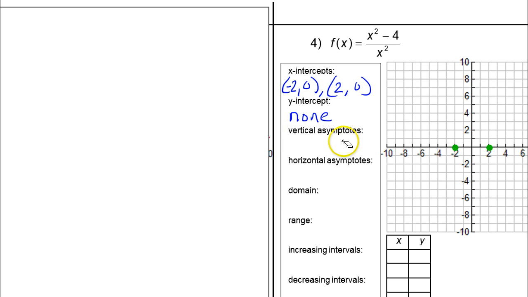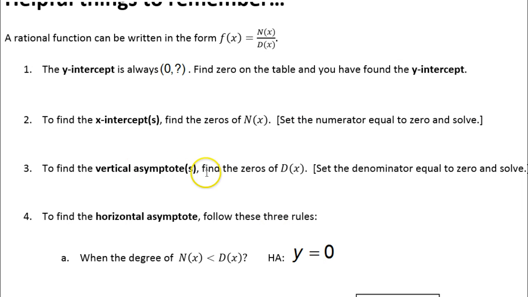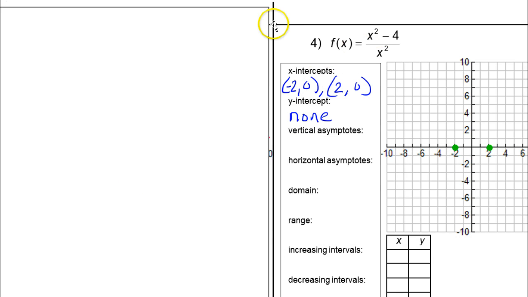Okay, vertical asymptotes first. We get vertical asymptotes by finding the zeros of the denominator, setting the denominator equal to 0 and solving. That's how you get vertical asymptotes. So I will set the denominator equal to 0. So that means x squared equals 0.